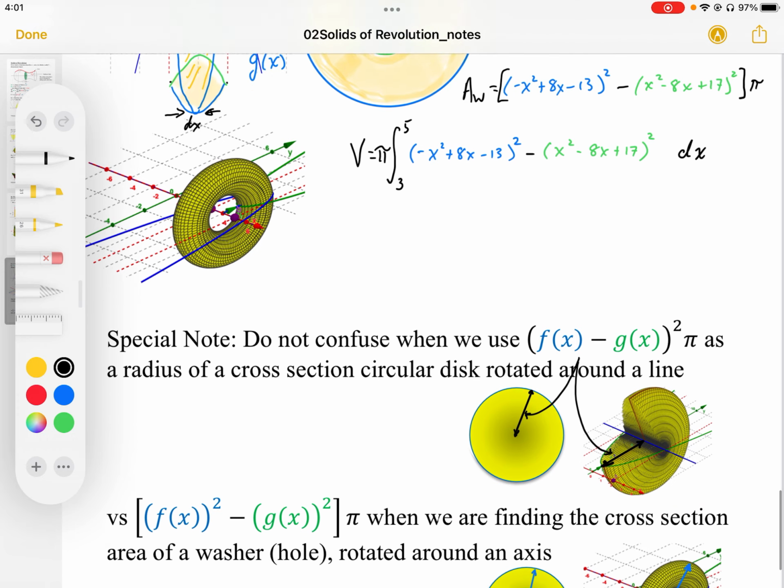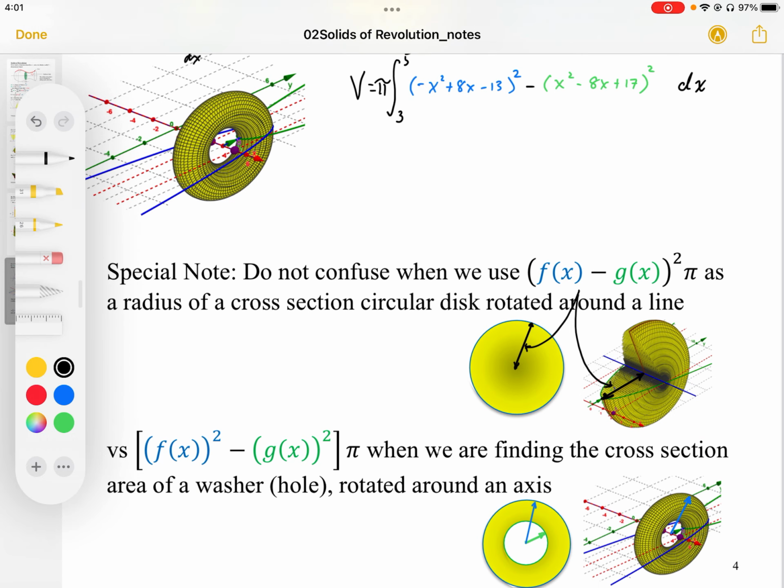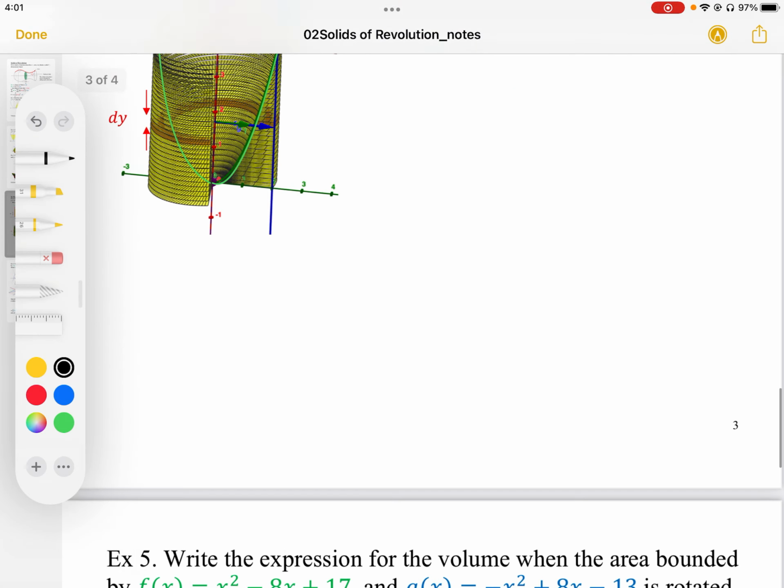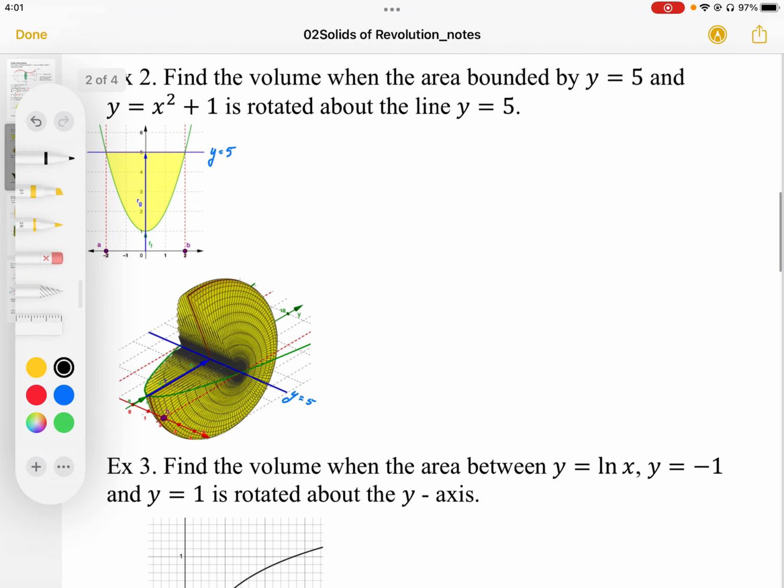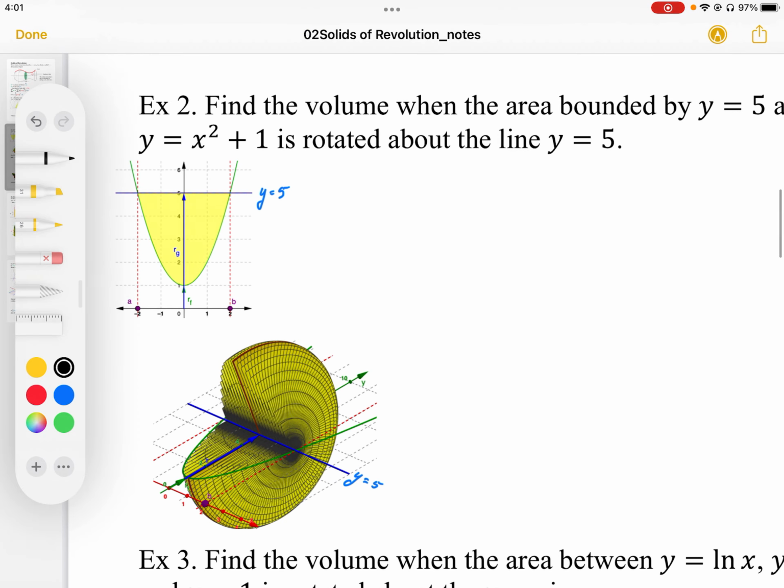It's important to recognize, and this is a special note, that there's a difference between subtracting two functions to get a radius. In the previous problem, in this question here, we subtracted two functions to get the distance in between that represented the radius.